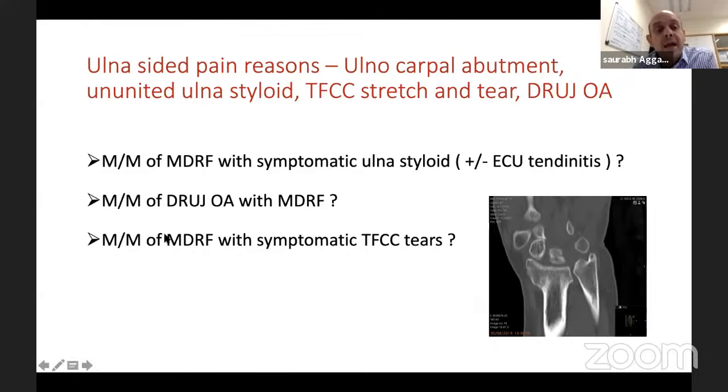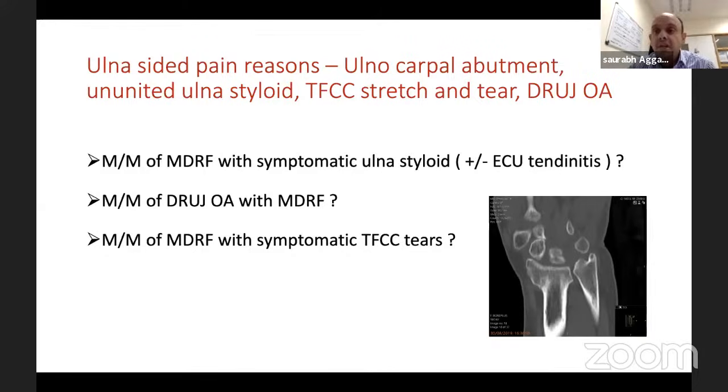Then finally, malunited distal radius fracture with a symptomatic TFCC tear. So as I just showed you, shortened radius, malunited radius, TFCC will stretch. Now, in fact, some study says that in a distal radius fracture, intra and extra-articular, almost 30% tear rate for TFCC.